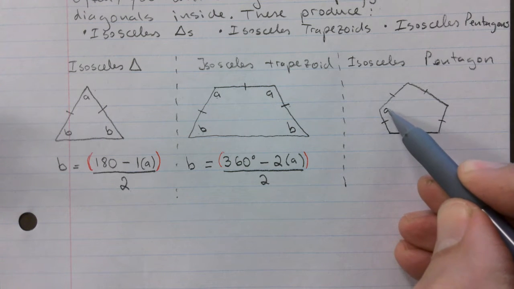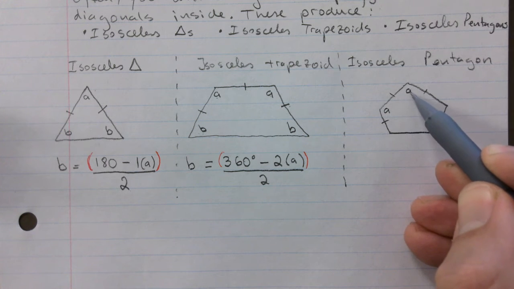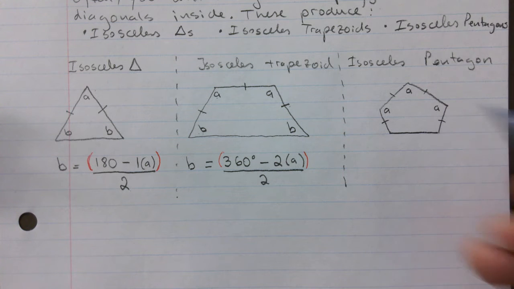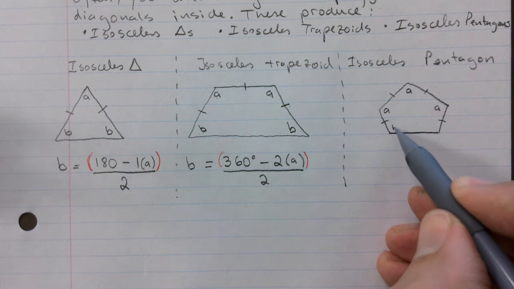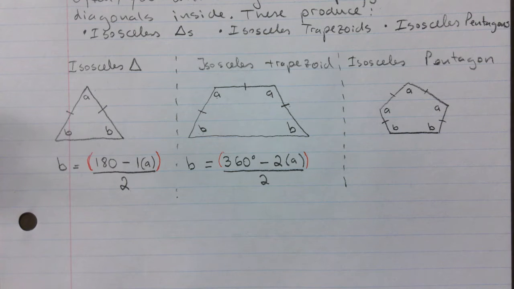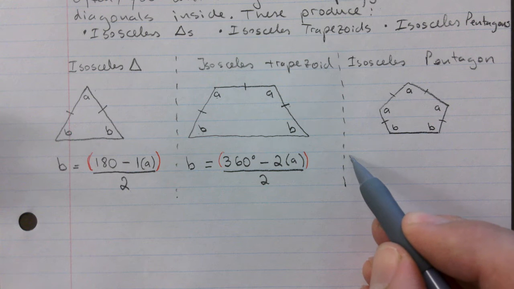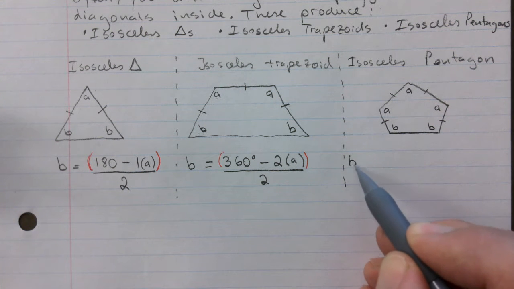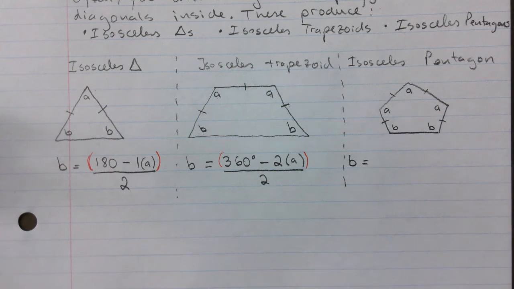Here we have A, A, A, and we have B and B. What do the angles in a five-sided shape add up to? 720?